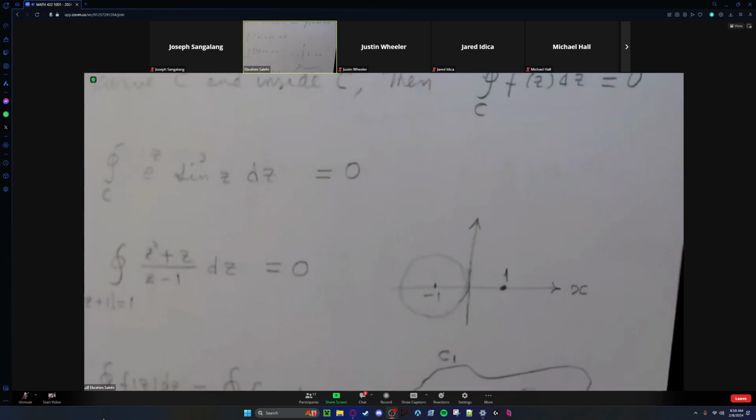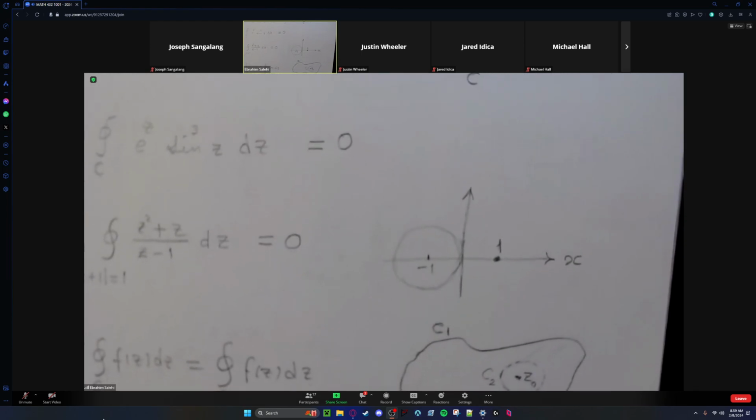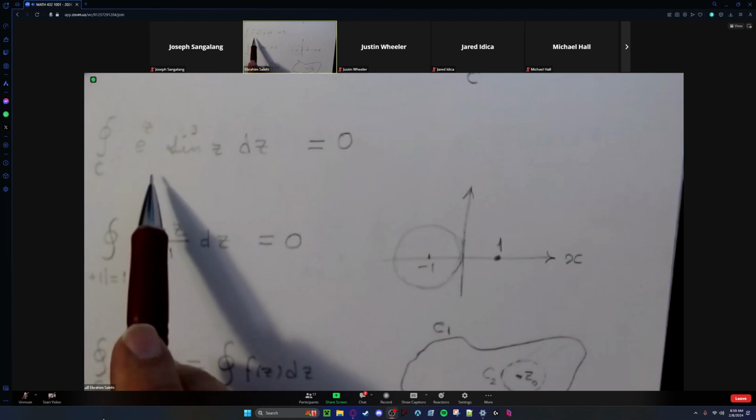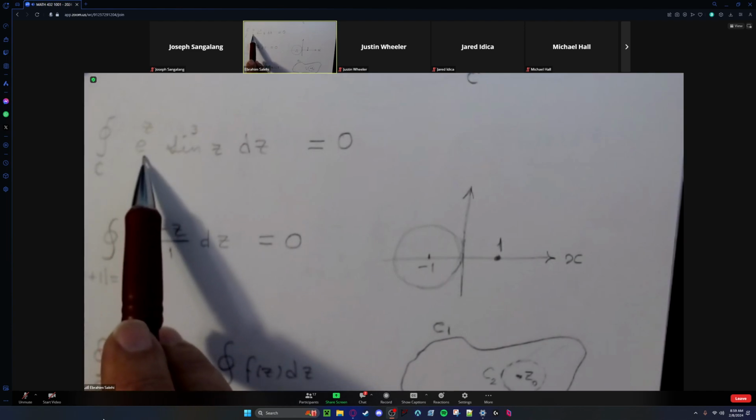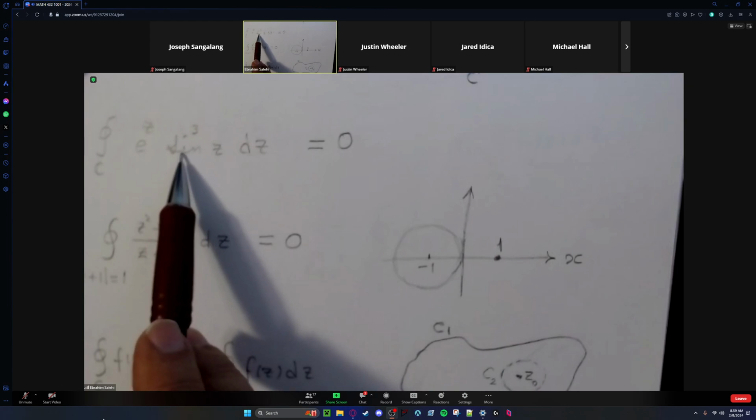As I said, we saw this one earlier. This function is a beautiful function.